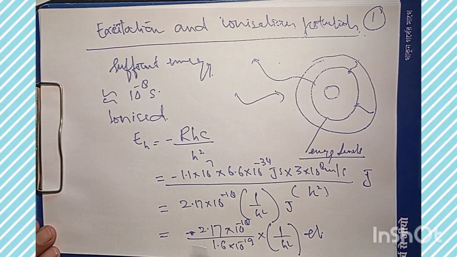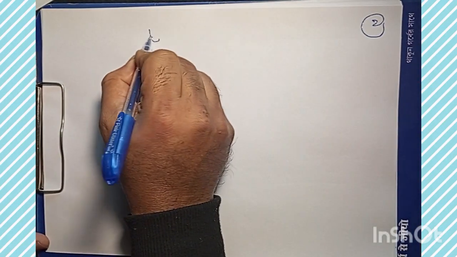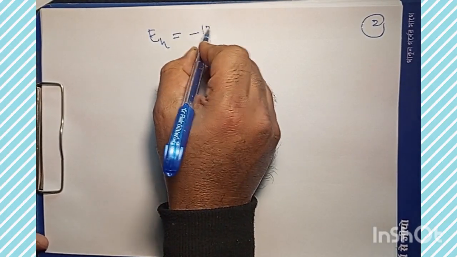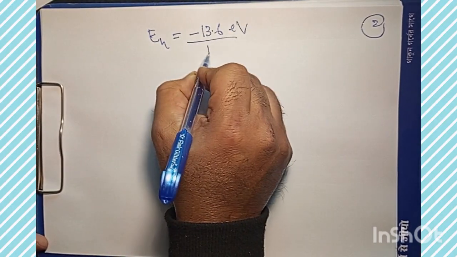On calculating this, the energy of the nth orbit is E_n equals minus 13.6 electron volts by n square.